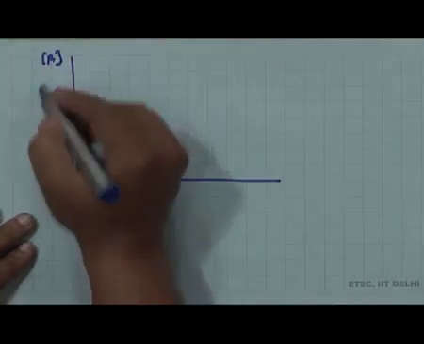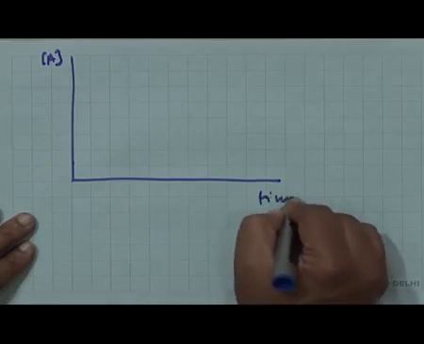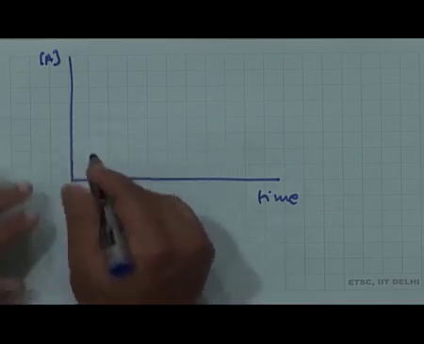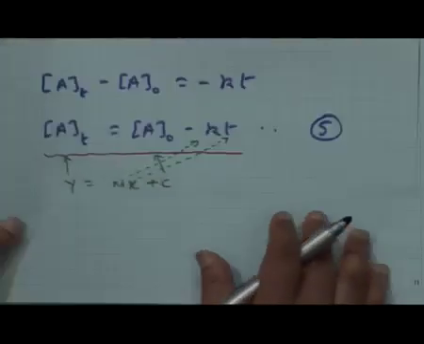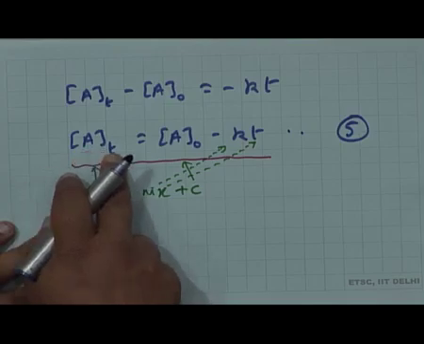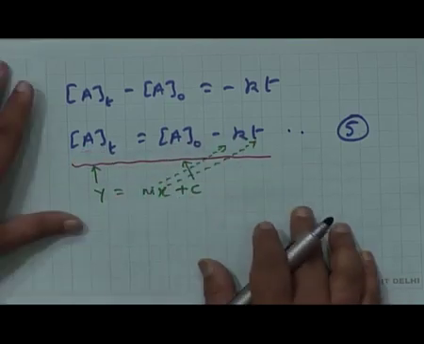If this is A, this is time. Here, the concentration of A at time t is equal to the concentration of A naught minus k t.